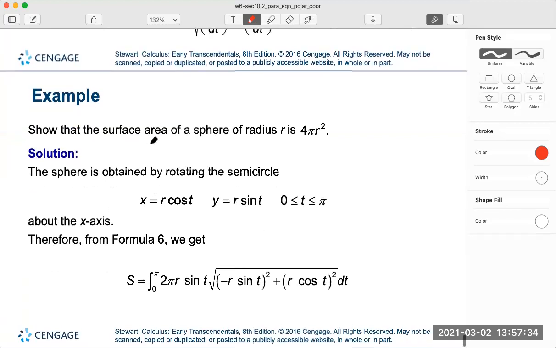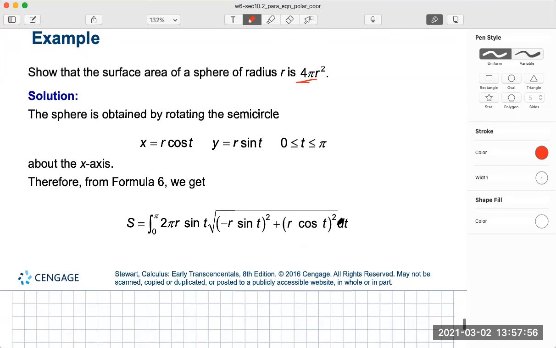Okay, show that the surface area of a sphere of radius r is this guy, right? So the sphere is obtained by rotating the semicircle here.